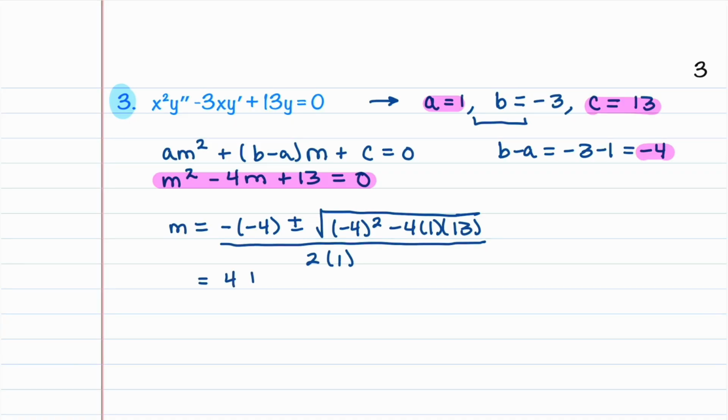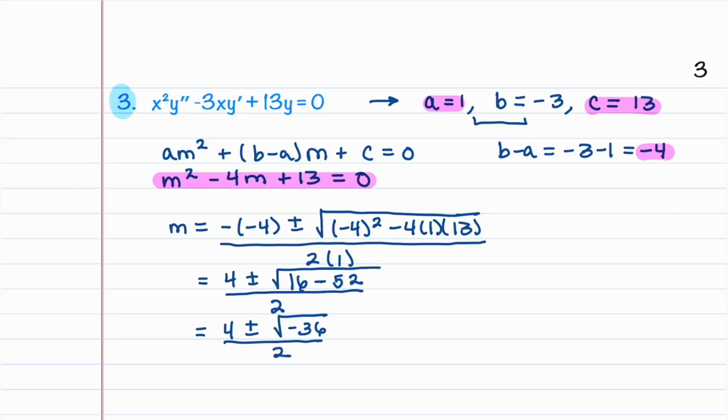This is 4 plus or minus the square root of 16 minus 4 times 13, that is 52. And we divide all of this by 2. So this is 4 plus or minus the square root. 16 minus 52 is minus 36. That gets divided by 2. So this is 4 plus or minus 6i divided by 2, which gives us 2 plus or minus 3i.